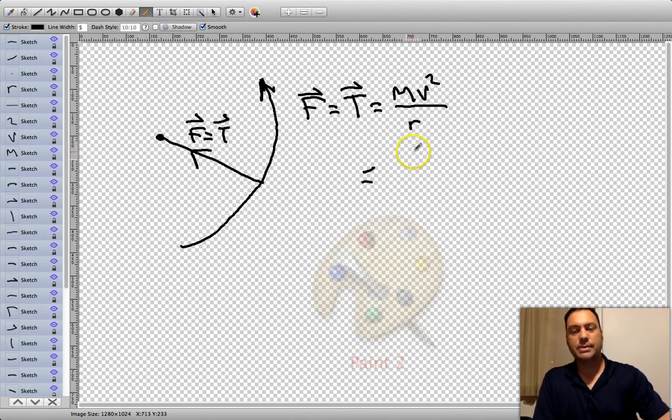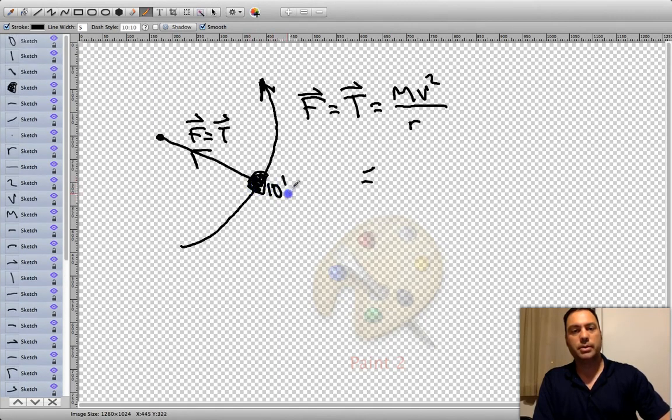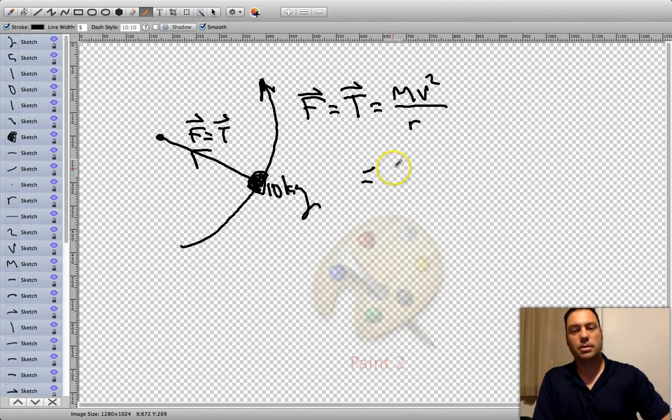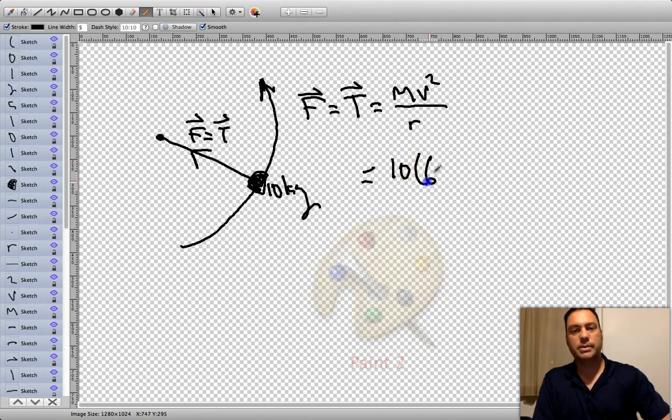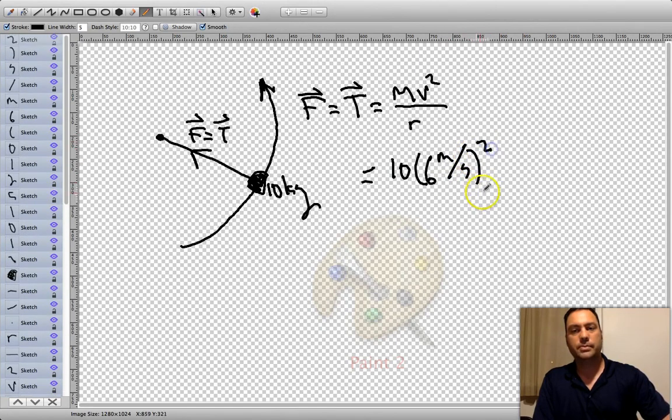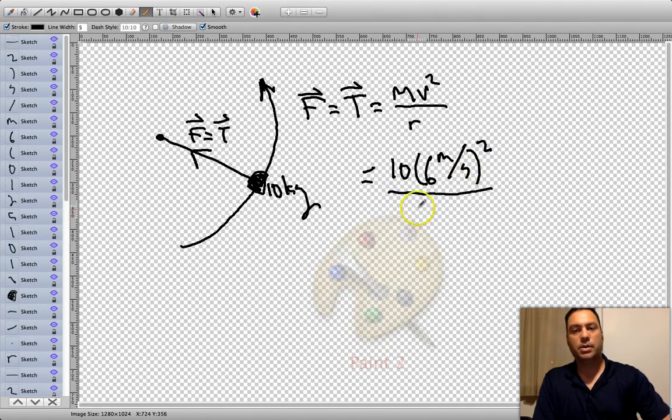What was the mass? Well, remember that the mass of the object, we'll just go ahead and draw the object here, is equal to 10 kilograms. So it's 10. The velocity is 6 meters per second squared, all over an R of 2 meters, right?